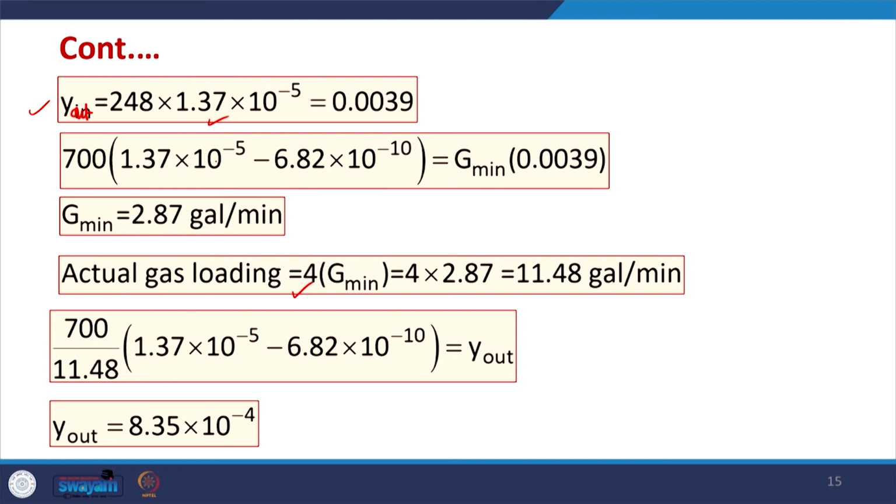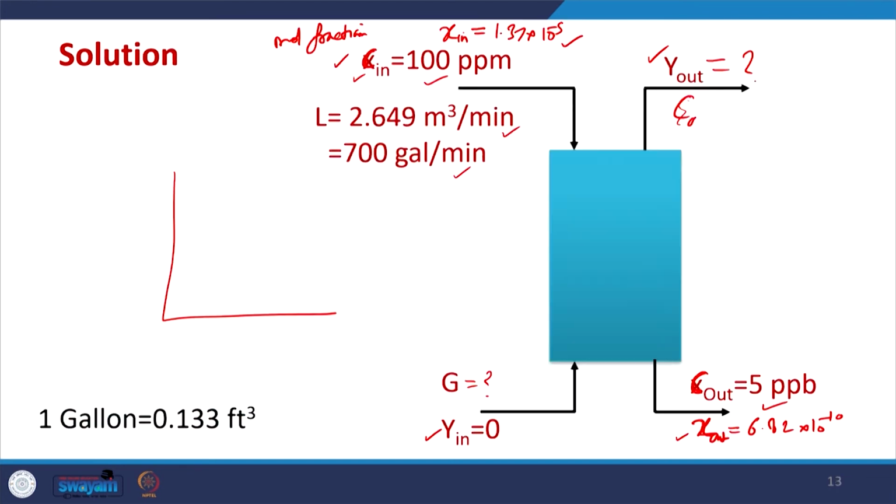From putting in the material balance we can find out the G minimum, because we can always write the material balance equation for this particular case, and this can be written like this: L into X in minus X out will be equal to G into Y out minus Y in, so mole fraction.